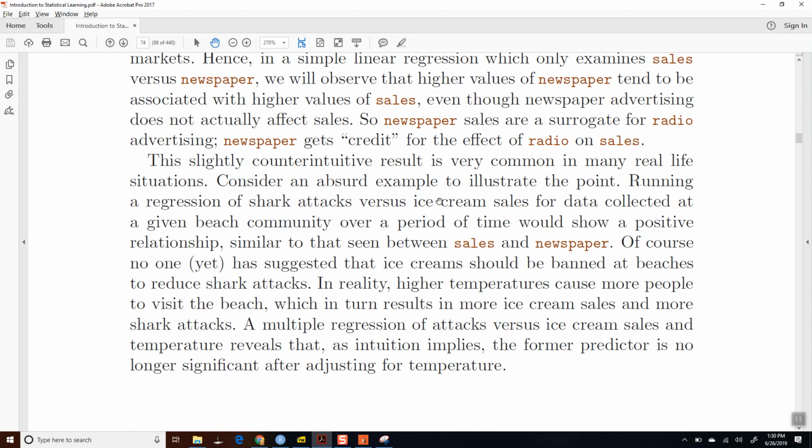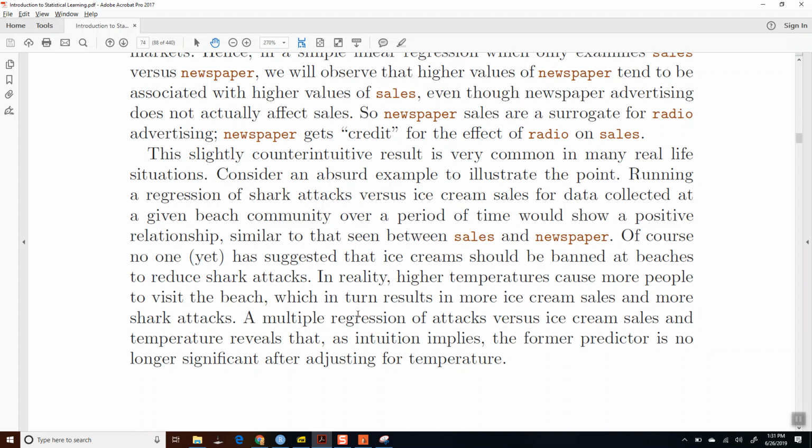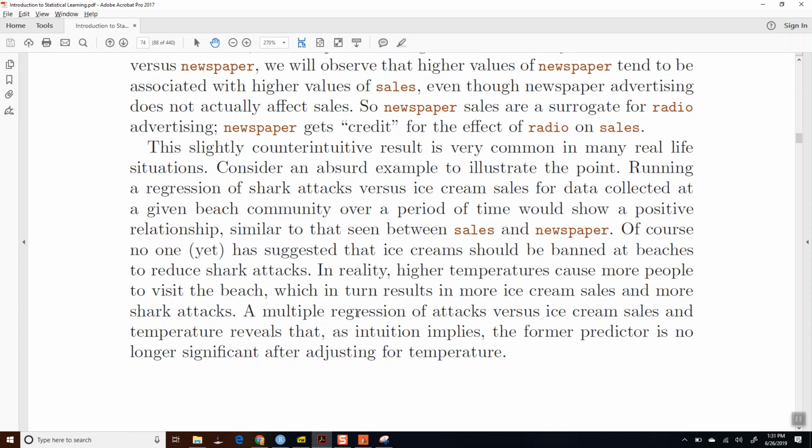So if you did a regression on shark attacks and ice cream sales at the beach, you would see a positive relationship between shark attacks and ice cream sales, and of course it's not that ice cream sales is increasing shark attacks, but really it's higher temperatures cause more people to visit the beach, and more people visiting the beach will lead to more ice cream sales and more shark attacks.